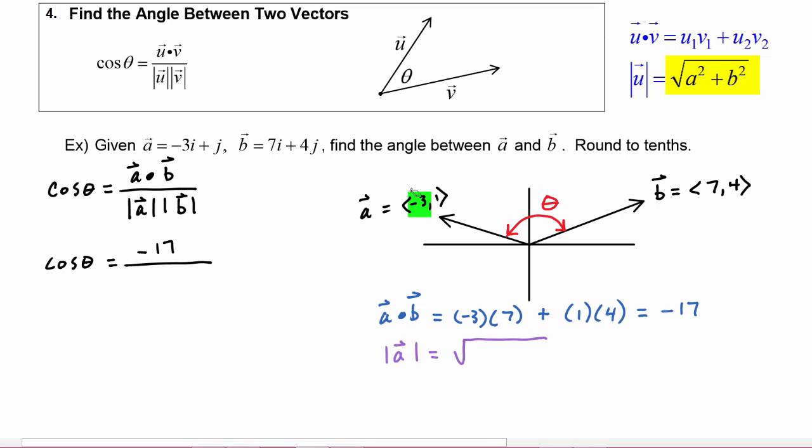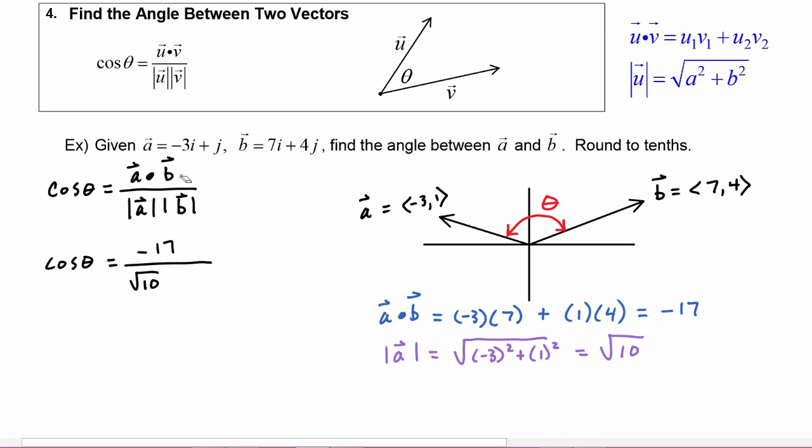So negative 3 squared plus 1 squared. So this is the square root of 9 plus 1, which is 10. So we can go ahead over here, and for magnitude of vector A, we can fill it in with radical 10.